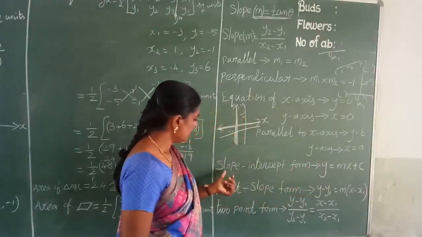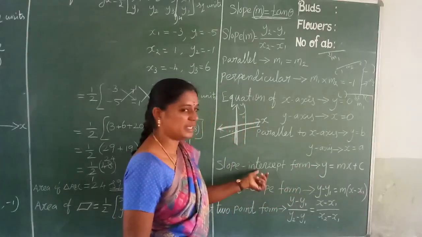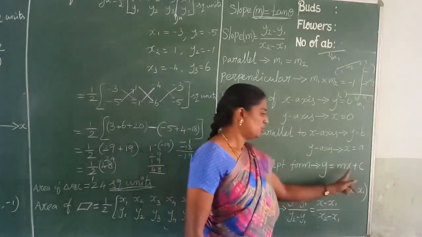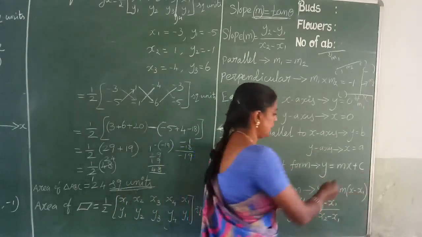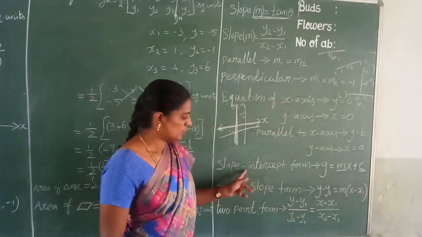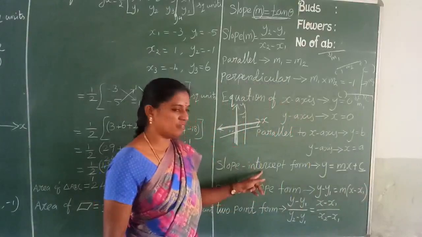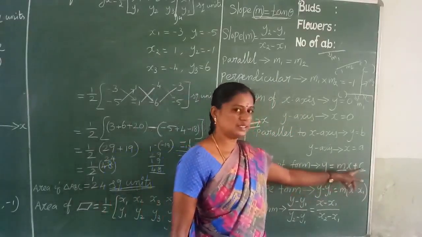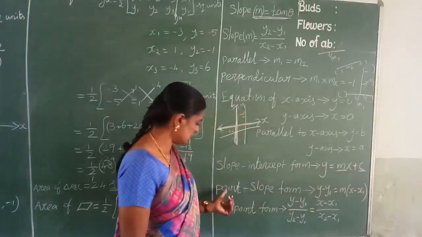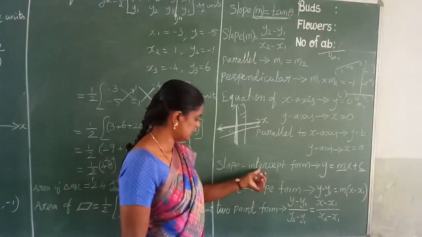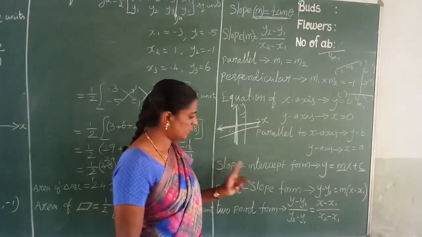Next we see slope and intercept given. What is the equation? Y equal to mx plus c. Here m is the slope and c is the intercept. If one slope and one intercept are given, the equation is y equal to mx plus c. Next, point and slope. Instead of the intercept, 1 point and a slope are given.